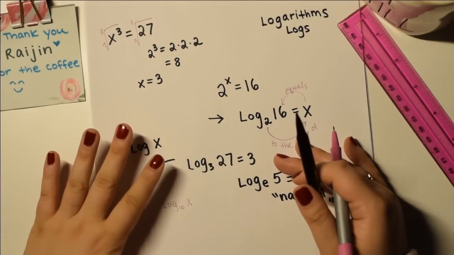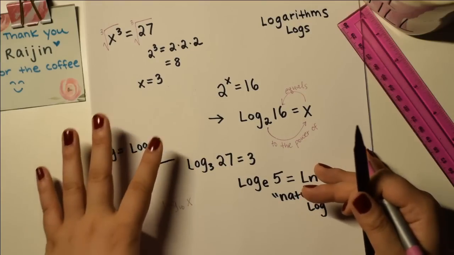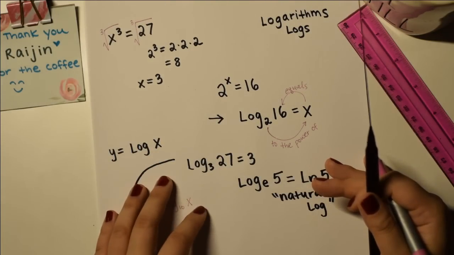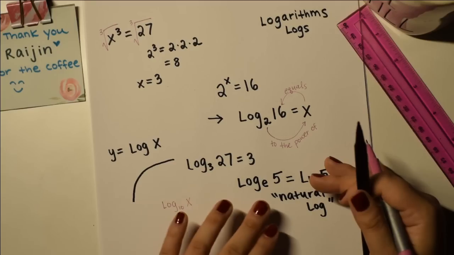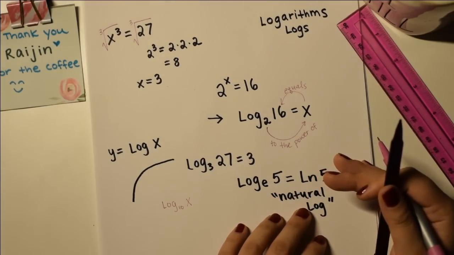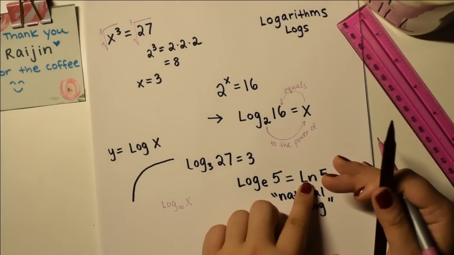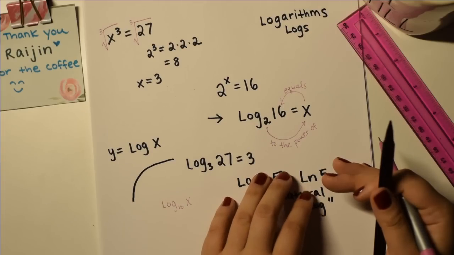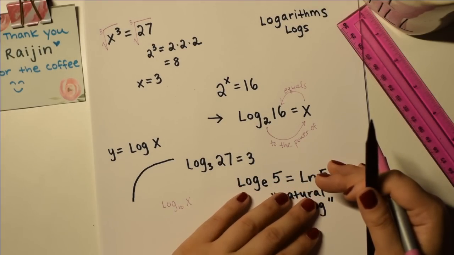I just wanted to mention the special cases in case you've seen something similar or are confused. If there's no base written, the default is 10. If it's base e, that's the natural log. And for those of you who have learned calculus or are in calculus, that's our lovely natural log. And there's a nice derivative of that function, right?